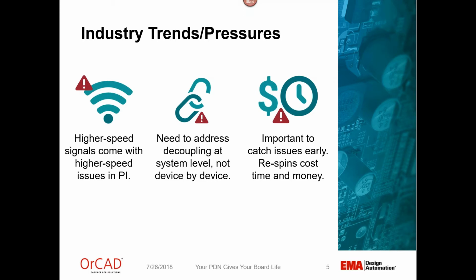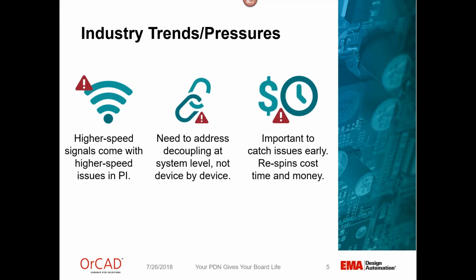To look at the bigger picture first, we want to see how and why power integrity has become more important in our board design. The key factor is that we're dealing with higher speed signals, so our operating frequency range is now higher and higher. And with these higher signals, we now see higher speed issues in power integrity.